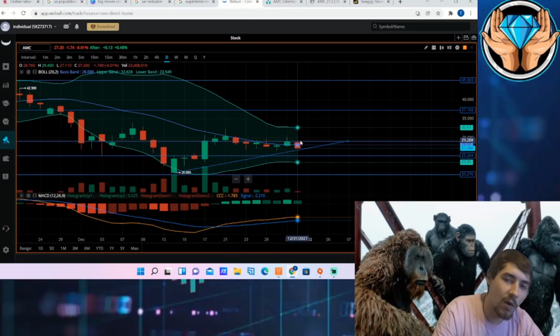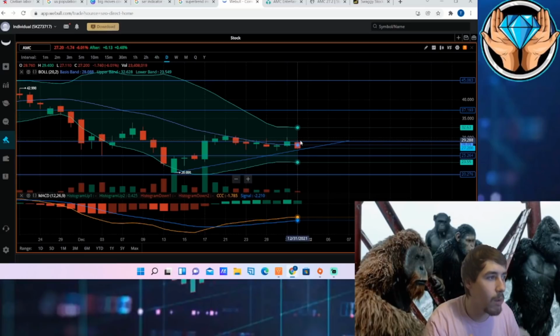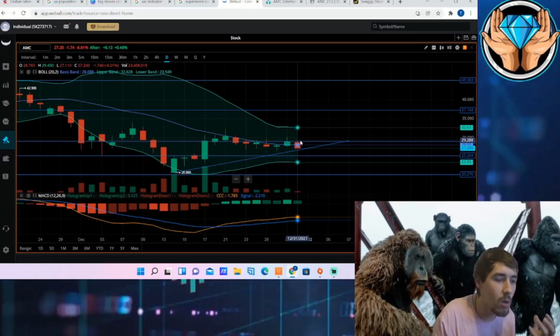But as far as tomorrow, and really the beginning of the week, I do think it's going to be a little bit slower. A lot of people just want to see, once you head into the new year, what is going to do well. I think it's pretty clear the small caps and mid caps are going to see a recovery, and AMC is a part of that, small mid cap section of the markets.